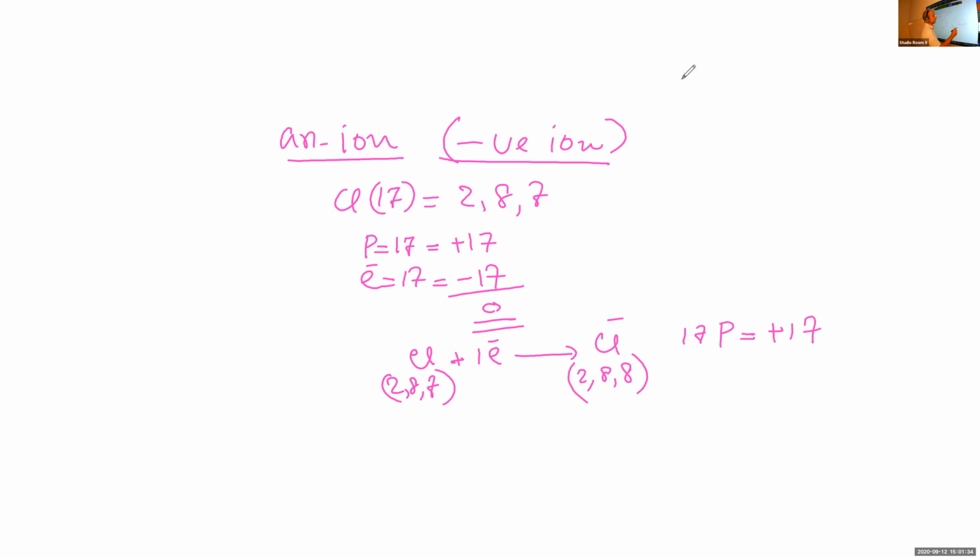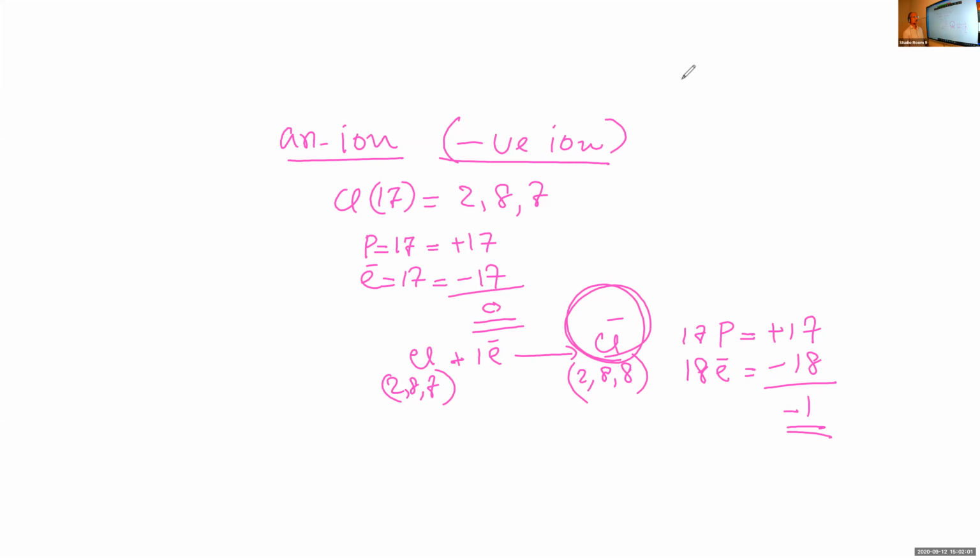And there are 18 electrons now, so the negative charge will be minus 18, and therefore the resultant charge is minus 1. That is why we have got a chloride ion, Cl-. So a negative ion or anion is formed by the addition of an electron.